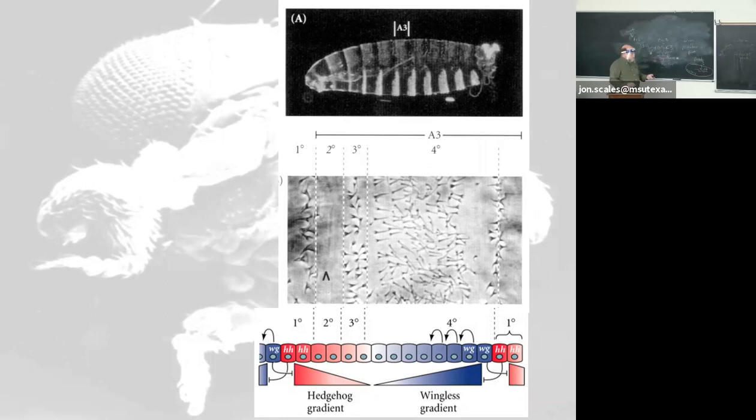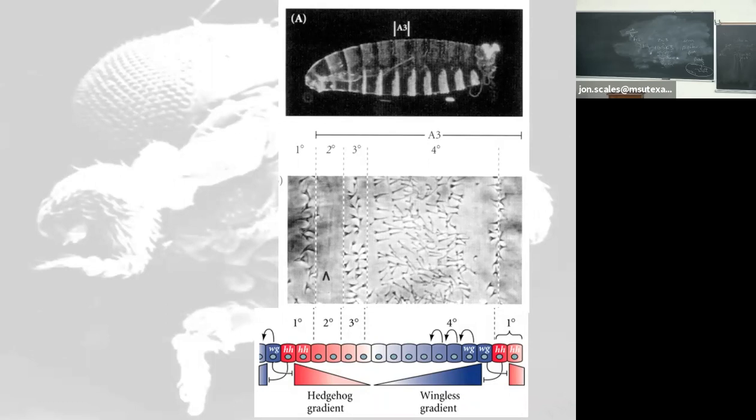So hedgehog and wingless. Wingless we just saw is Wnt. Hedgehog is hedgehog, okay? So in mammalian systems, we have hedgehog. We call it sonic hedgehog, or Indian hedgehog, or desert hedgehog. But we have still hedgehog.